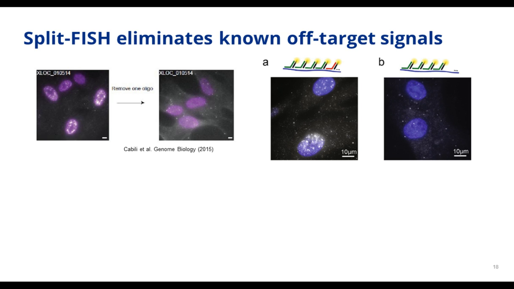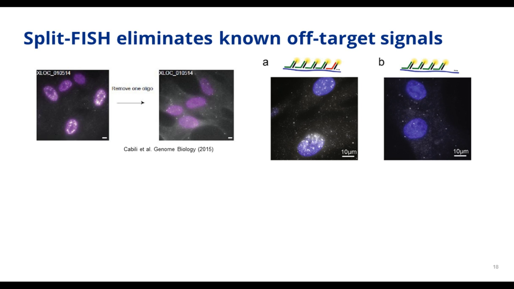Also, because we not only want our probe to bind on target very well, we also needed to eliminate off-target signals. That's the whole point of us doing this in the first place, right? To make our images cleaner and able to scale to different tissue types without having to clear the sample. So as an example, we also tried to see if SplitFISH can eliminate off-target signals.